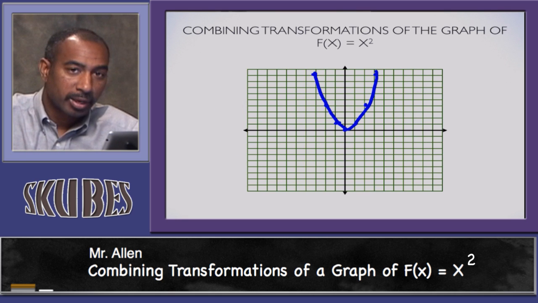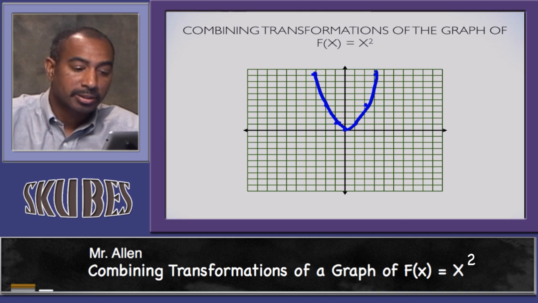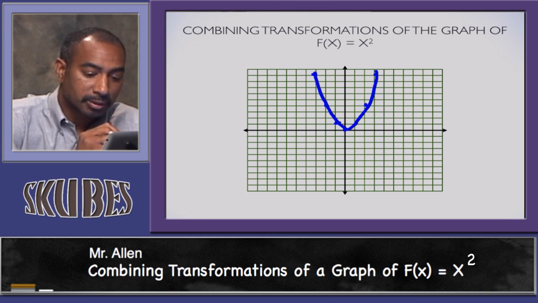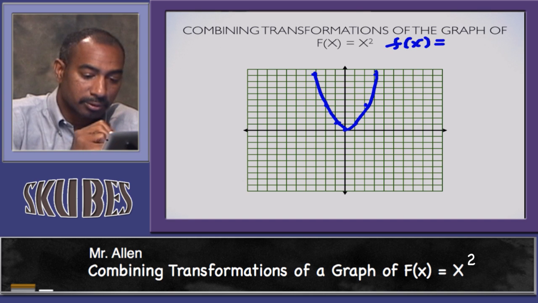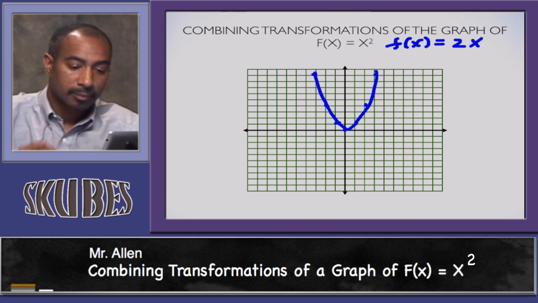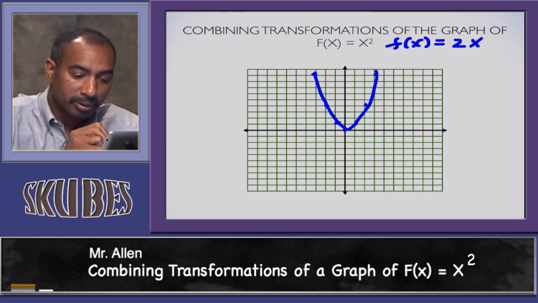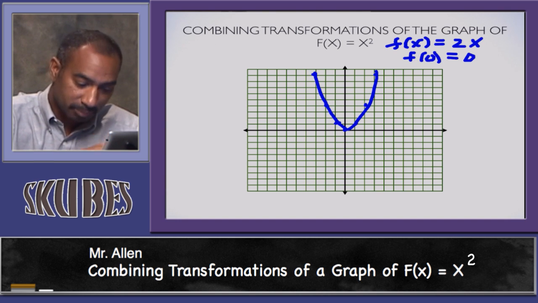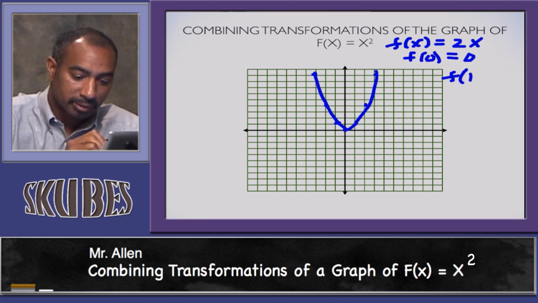All right, so we have the graph of f of x equals x squared. And what we want to do is shrink it by 2. Recall from the previous lesson, f of x equals (2x) squared. So we're going to shrink that down. When x is 0, this is going to be 0, so this point stays the same. But when x is 1, now y is 4.